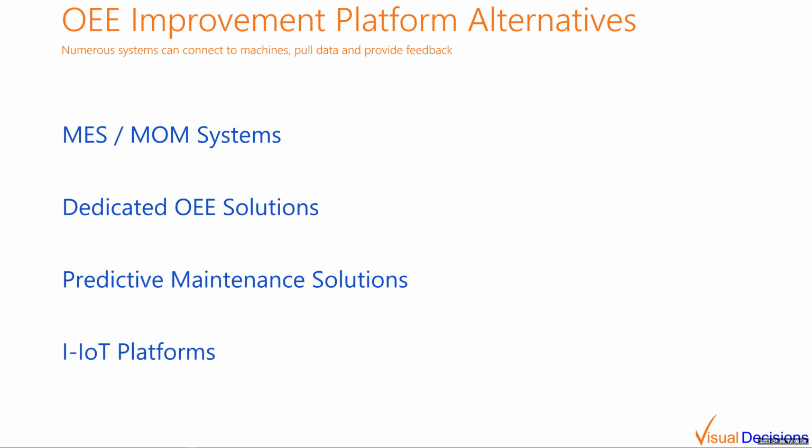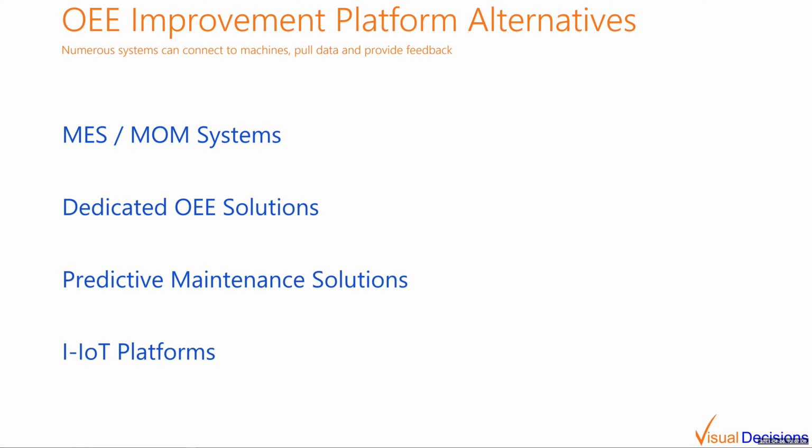Dedicated OEE solutions are available that allow you to connect to the machines, pull information from them, and utilize that for continuous improvement. There are systems out there that are very specifically focused on predictive maintenance and being able to look just at the predictive maintenance aspect of this.